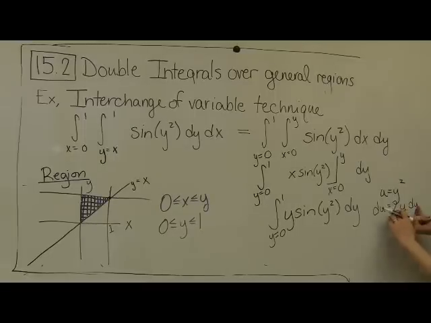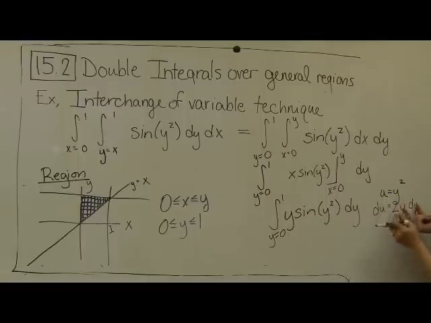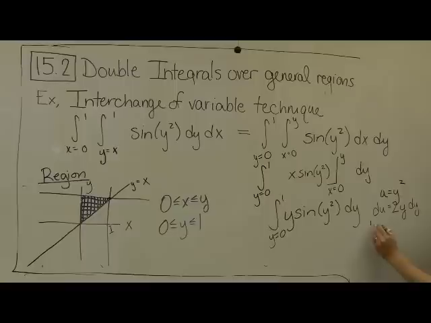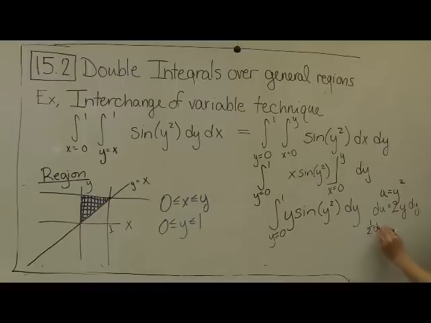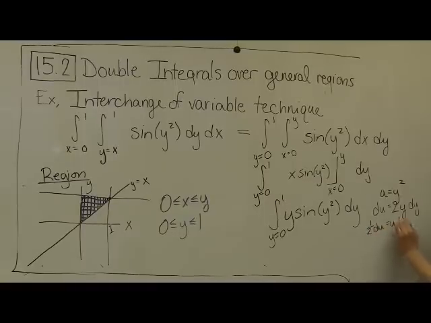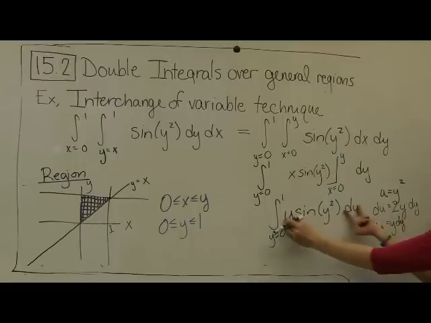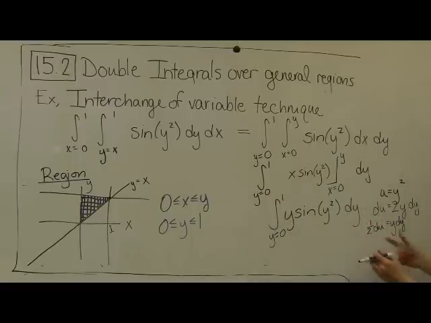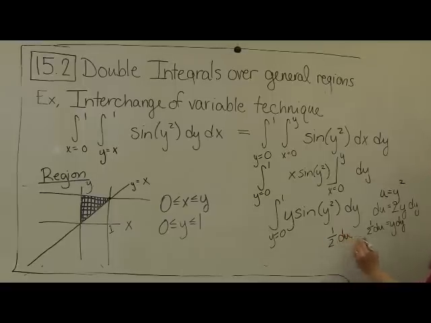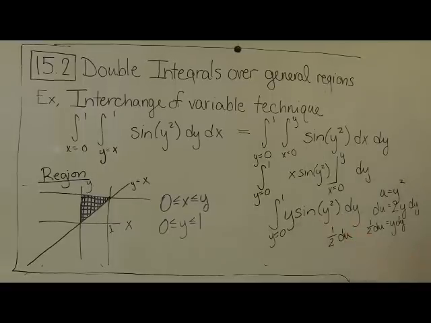I don't have a 2y dy, so I'm going to divide both sides by 2, and I know that 1/2 du is equal to y dy. So my y dy is going to become a 1/2 du, times the sine of u.